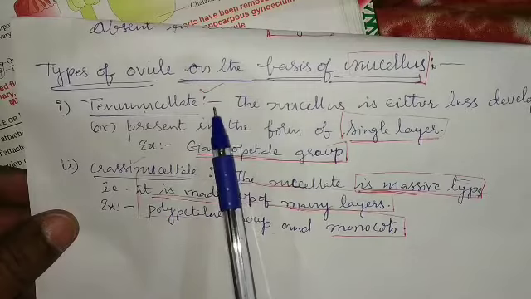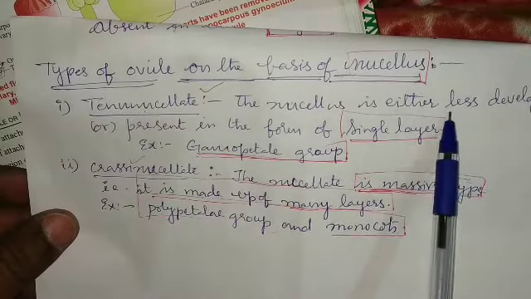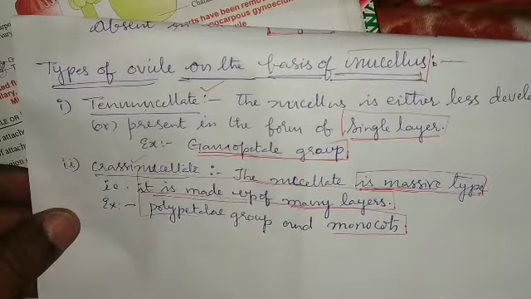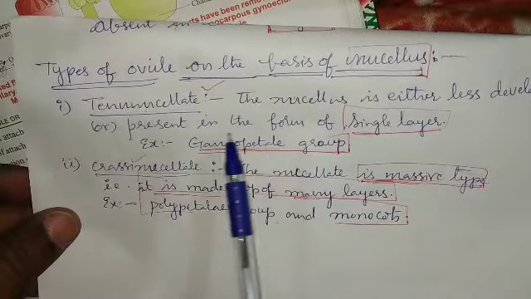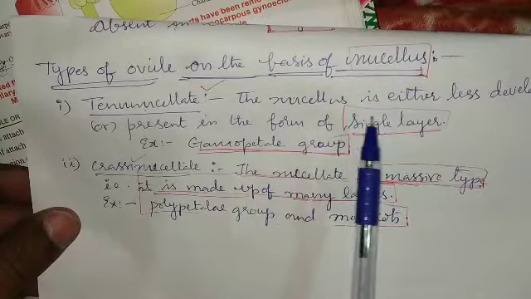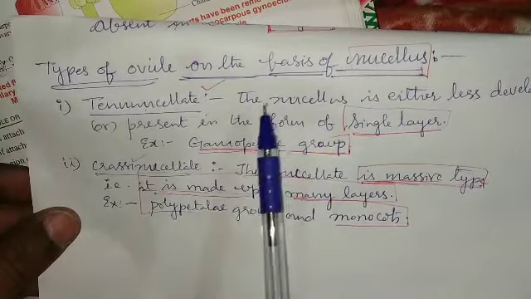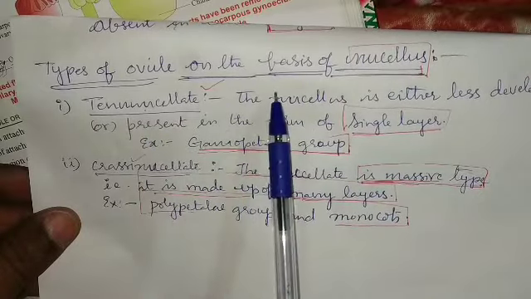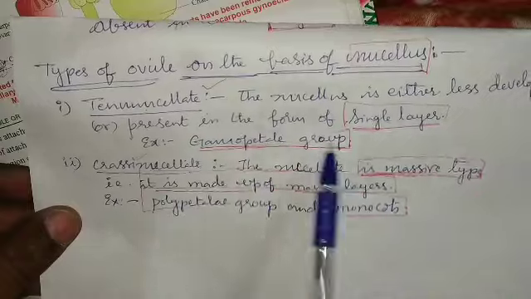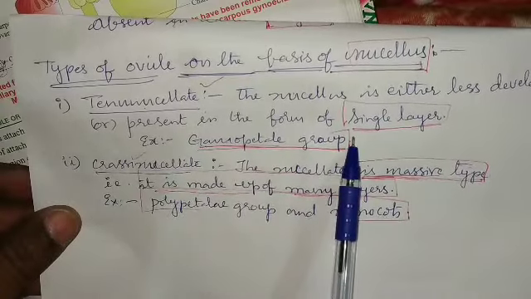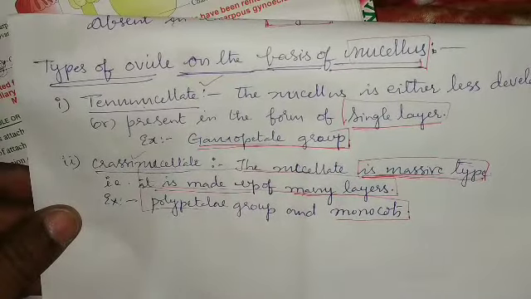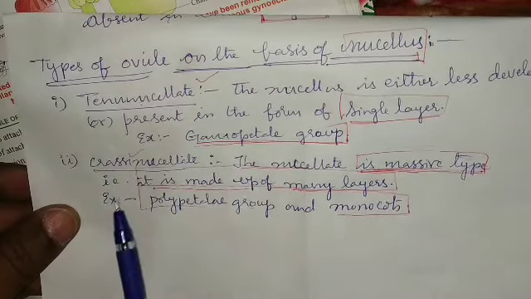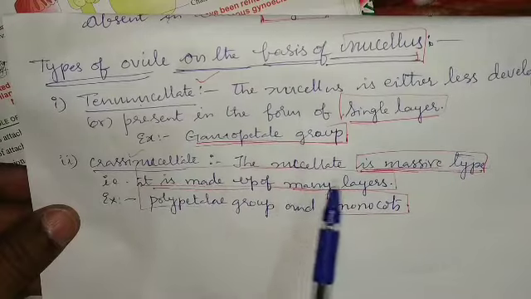In a tenuinucellate ovule, the nucellus is either less developed or present in the form of a single layer. Example: the gamopetalae group of plants. In a crassinucellate ovule, the nucellus is massive, that is, it is made up of many layers.